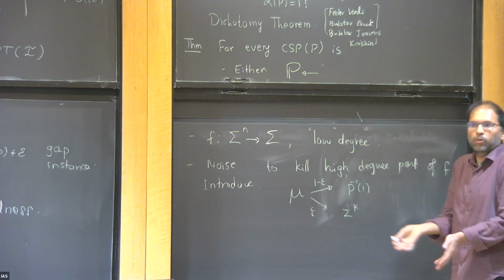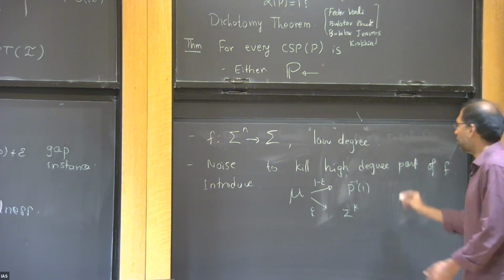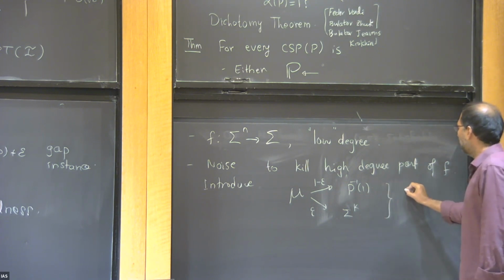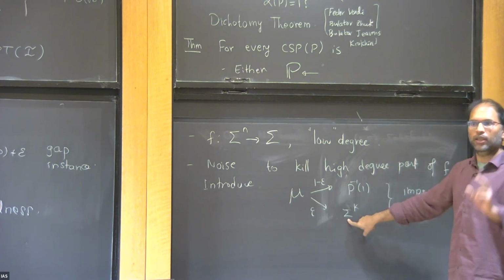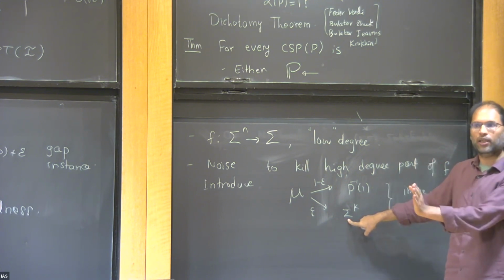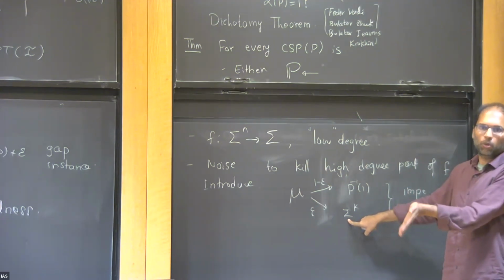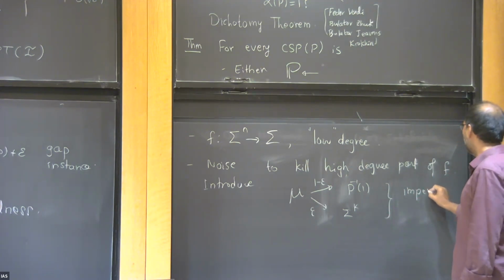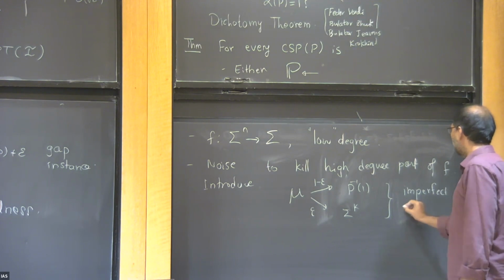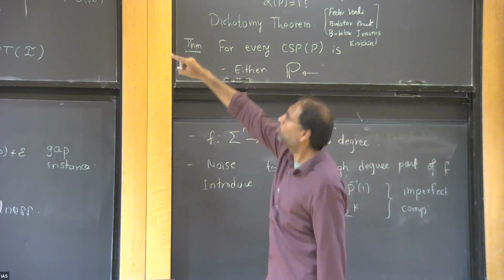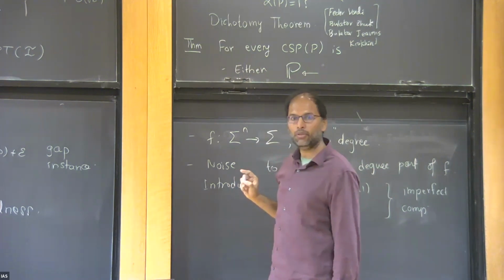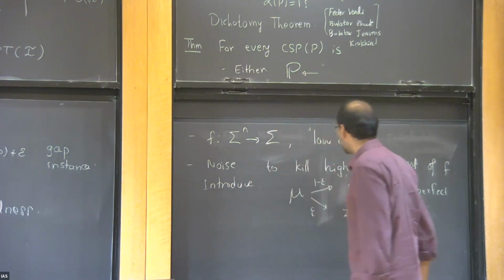Some of them are going to be non-satisfying. And this is what leads to the so-called imperfect completeness. Because of this noise, even dictators will not pass with probability precisely 1. The dictators will only pass with probability 1 minus epsilon. And therefore, the result holds only on almost satisfiable instances, as opposed to fully satisfiable instances.